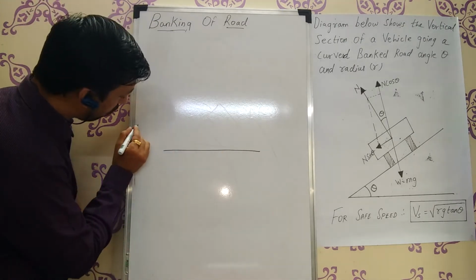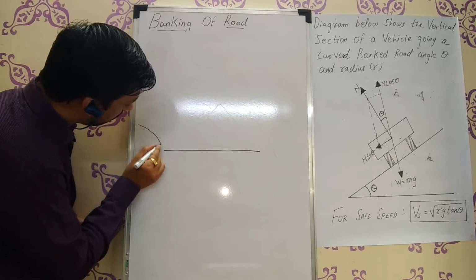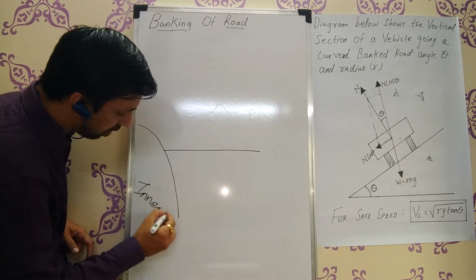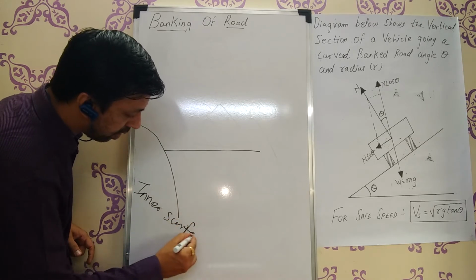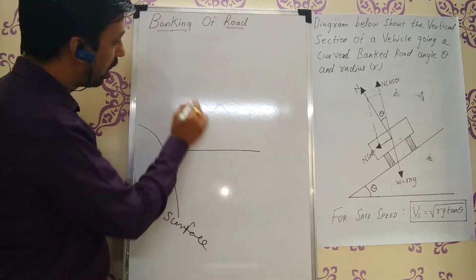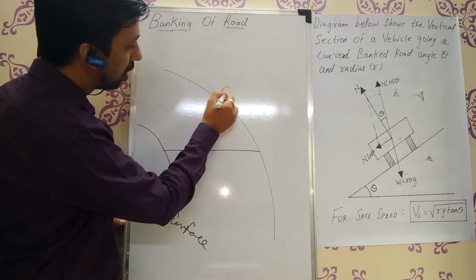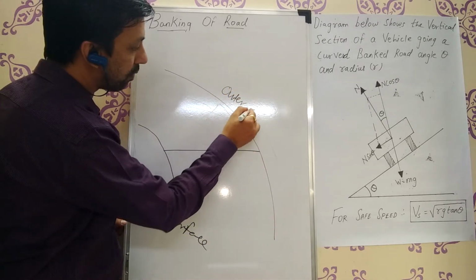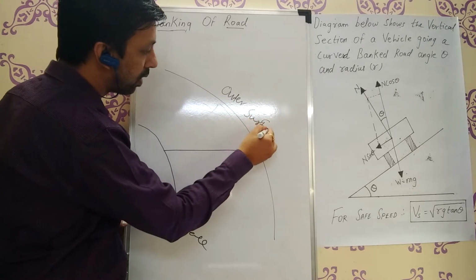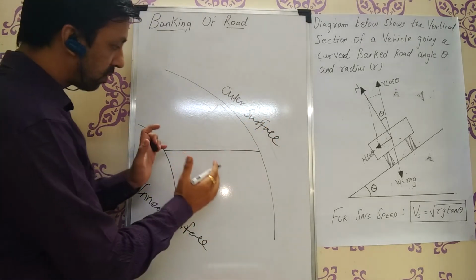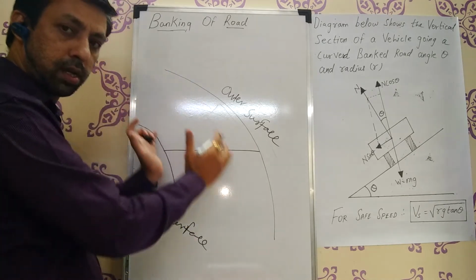This particular part is called the inner surface of the curved road, and this part is called the outer surface of the curved road. Suppose the vehicle is going in this particular manner.